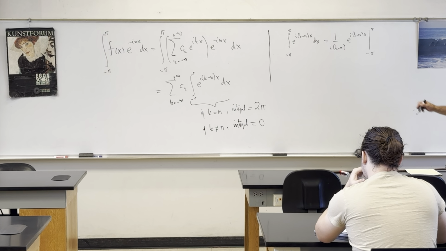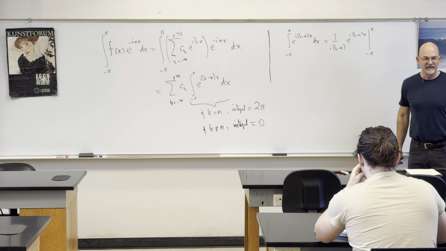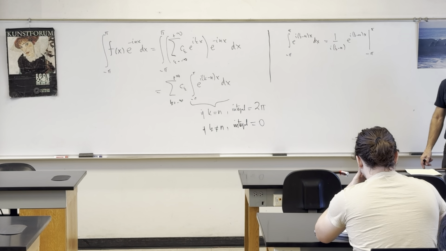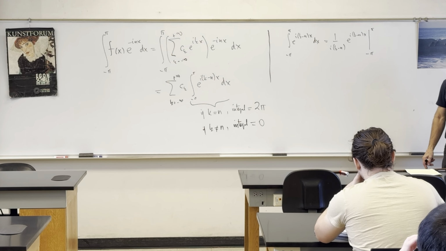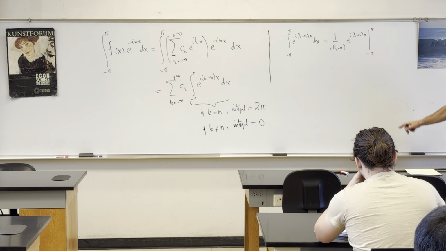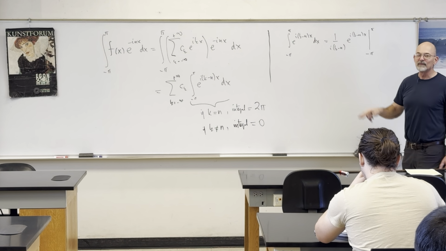So what's e to the i times an integer times pi, versus e to the i times an integer times minus pi?